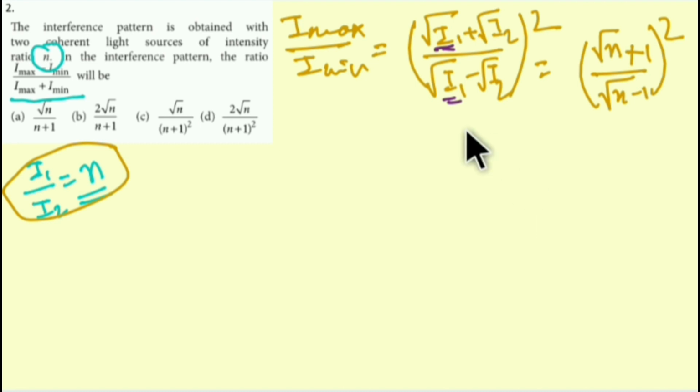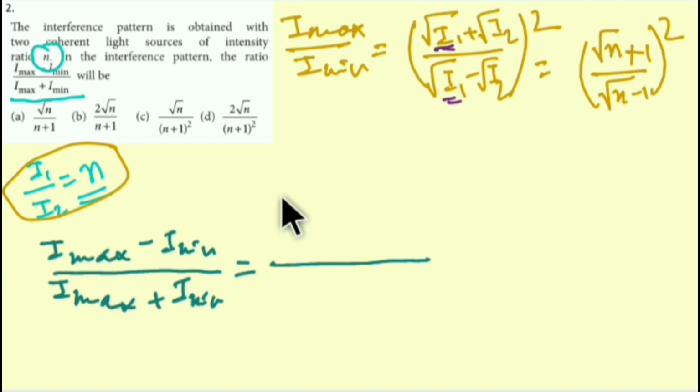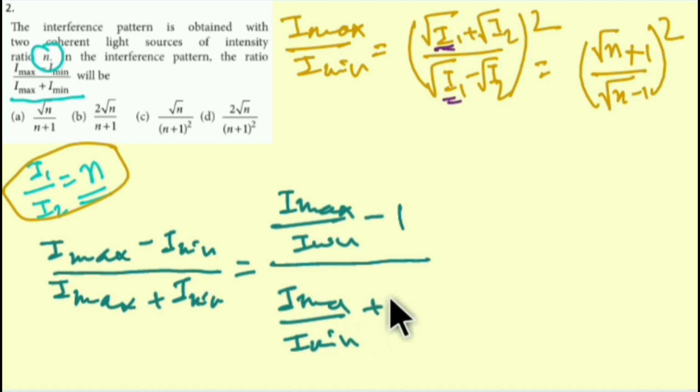Now in this question we have to find Imax minus Imin divided by Imax plus Imin. We take Imin common, or divide by Imin, so the numerator is Imax by Imin minus 1, and similarly in the denominator Imax by Imin plus 1. What will we do now?